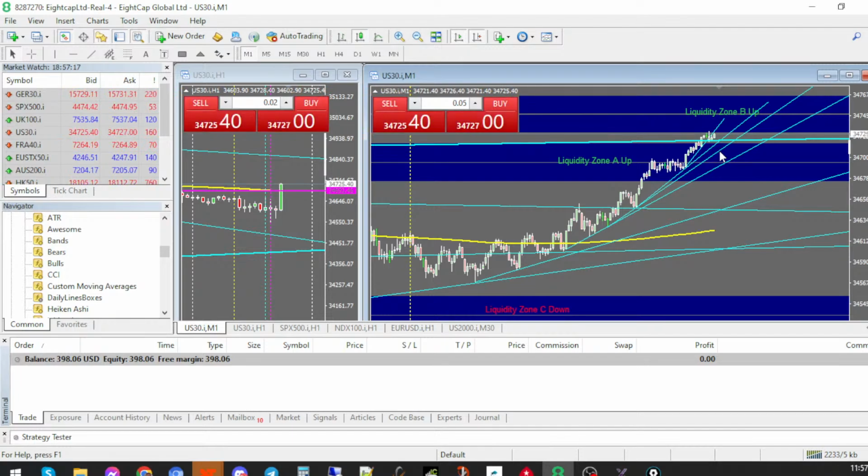All right, price pushing up again. All right, price continuing to push to the upside.